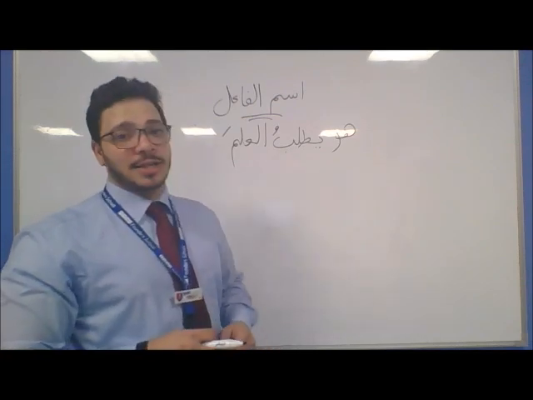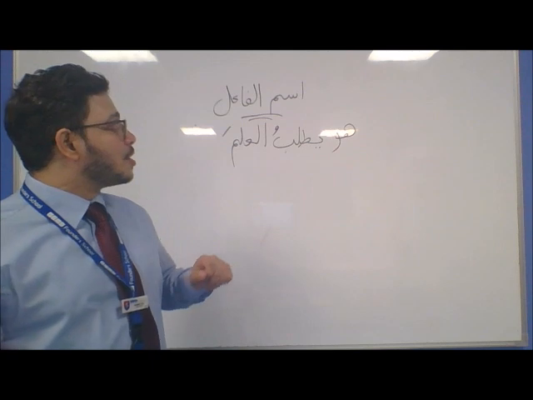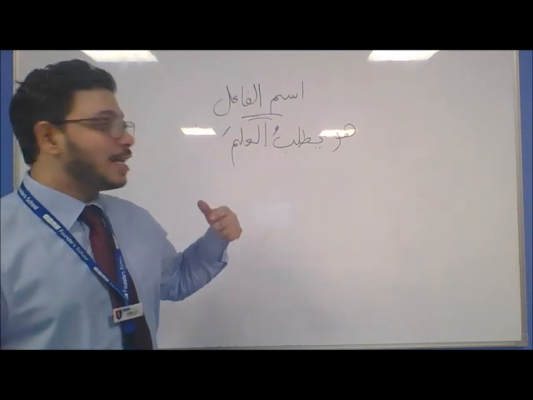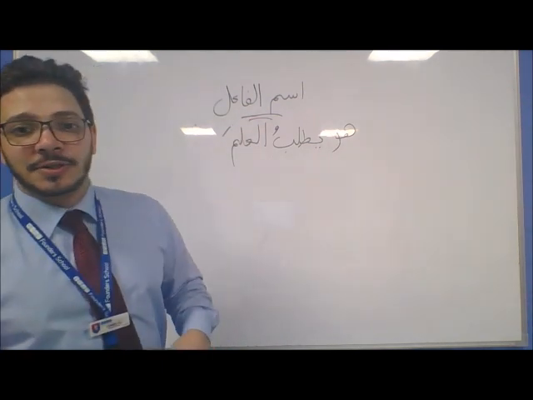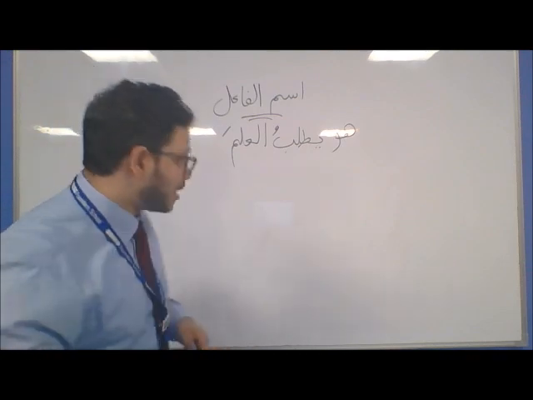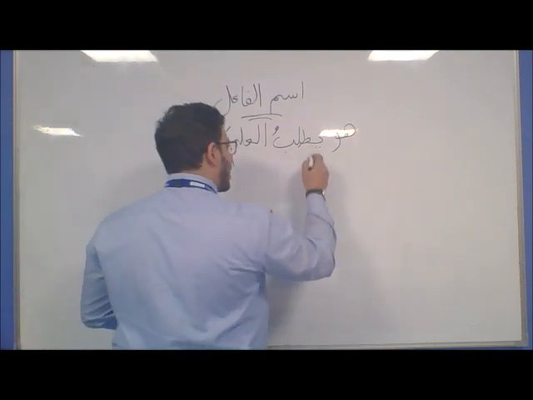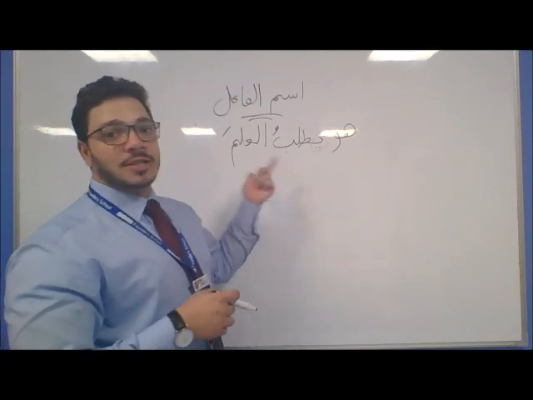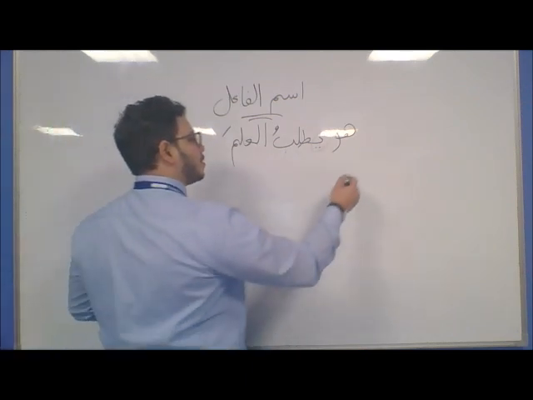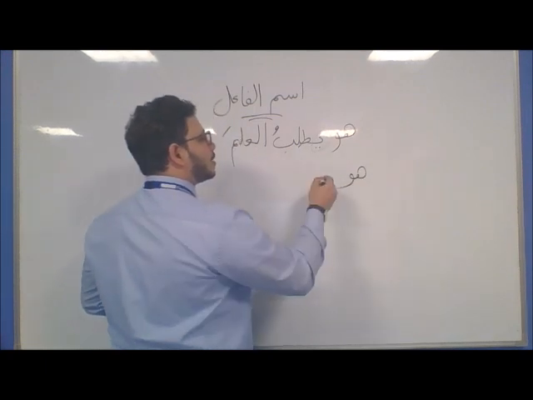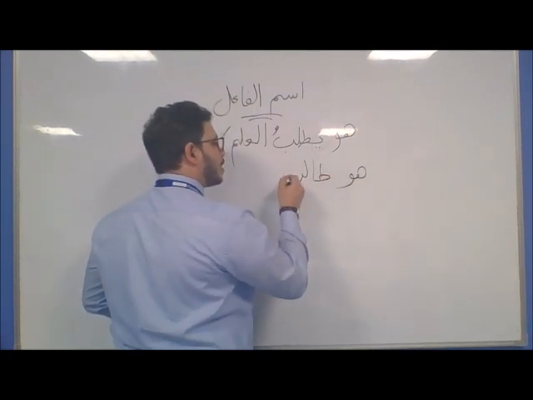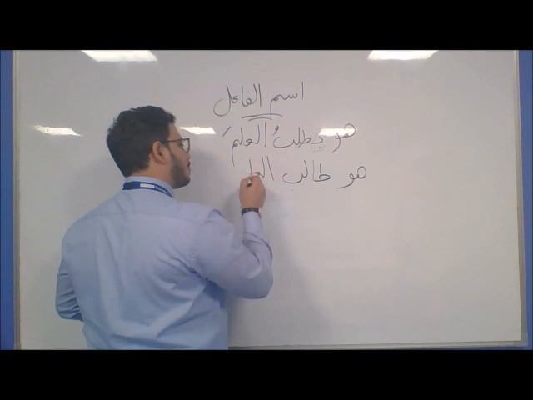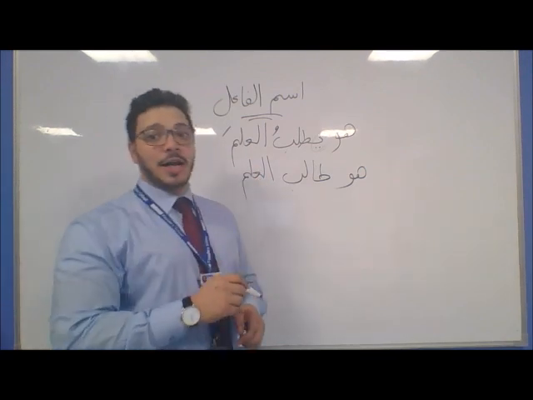So to change that and replace the conjugated verb with the اسم الفاعل, what are we going to do? Yes, we're going to remove the ya, because ya is a sign of the conjugated verb. So it will be هو طالب العلم. Yes, I know, طالب.